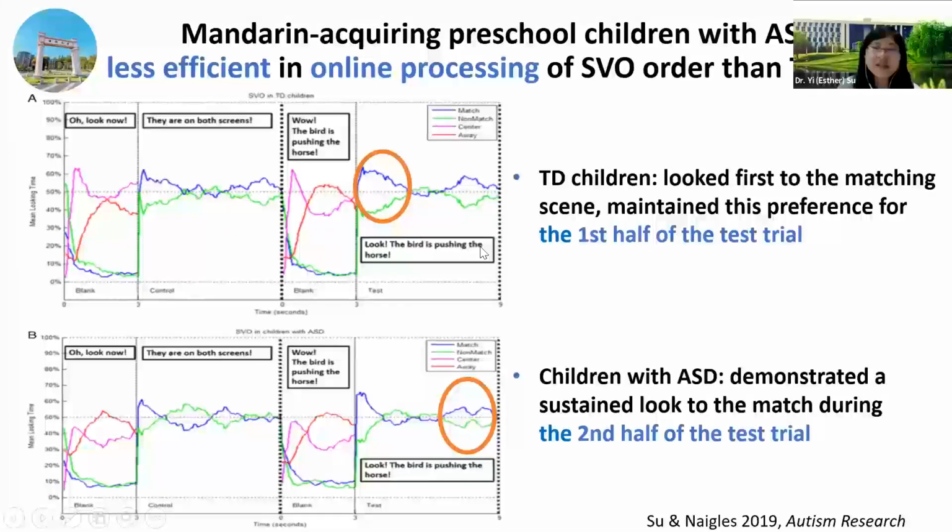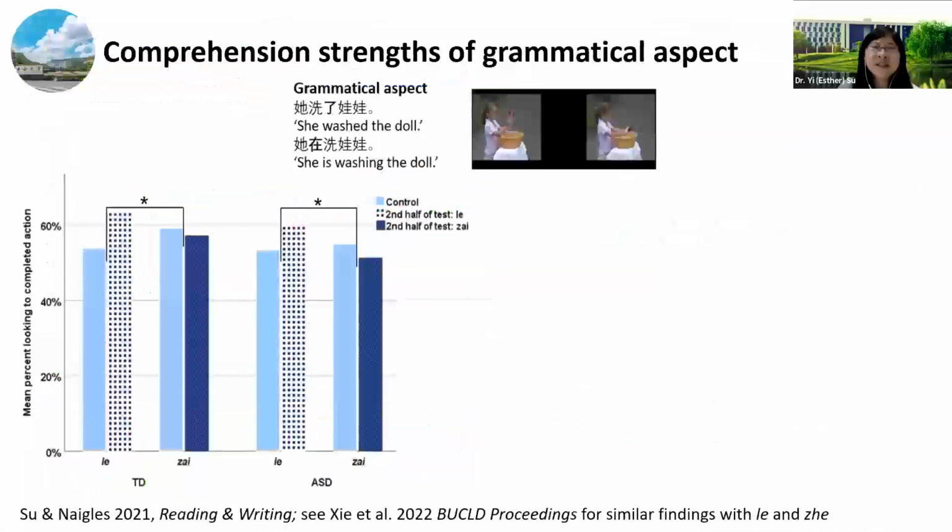However, children with ASD demonstrated a sustained look to the match during the second half of the test trials. So they differ in their processing efficiency. Children with ASD were less efficient in online processing of SVO word order than TD children.